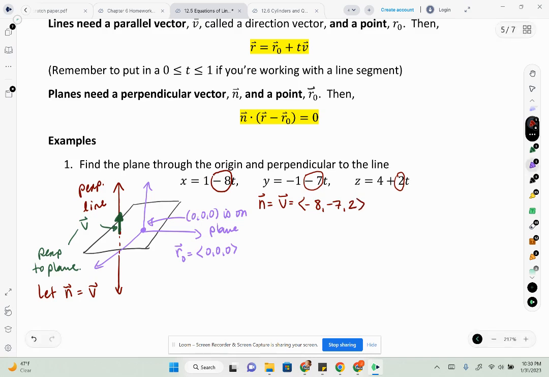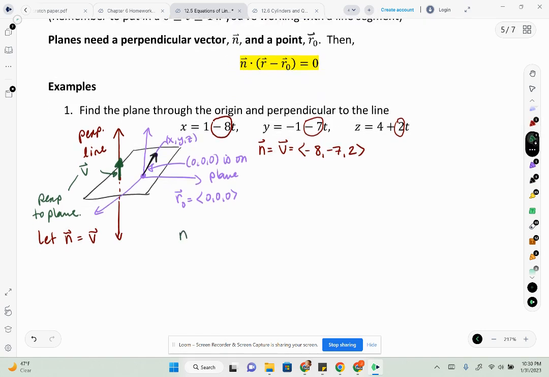Then I can let x, y, z be any other point on my graph, and the book tells me to create the vector r minus r naught. That's the geometric description, so we have a better idea of what is going on here. Now, we know the normal vector dotted with r minus r naught should equal 0.